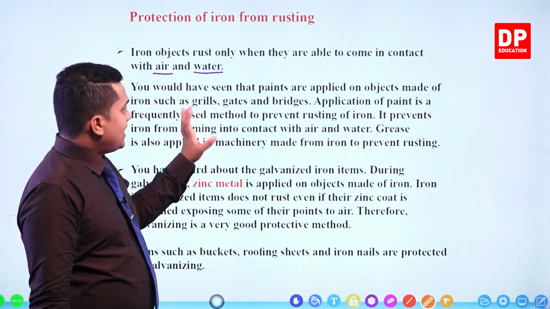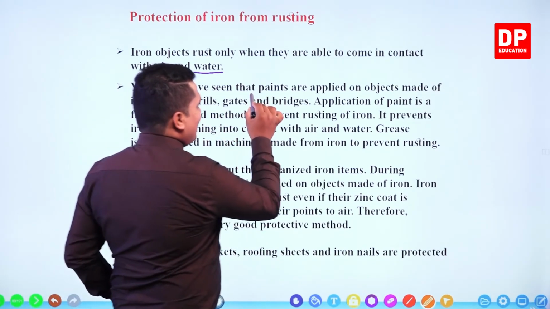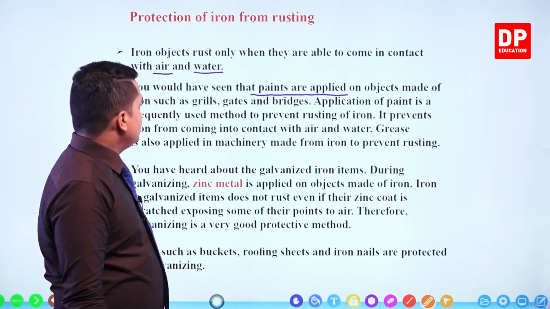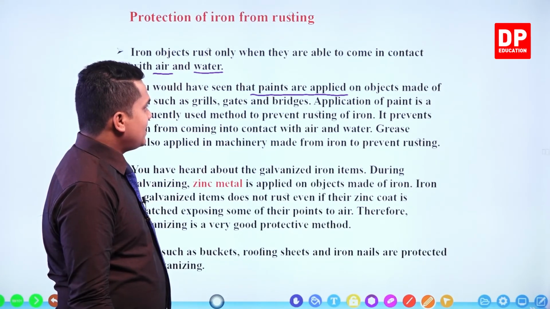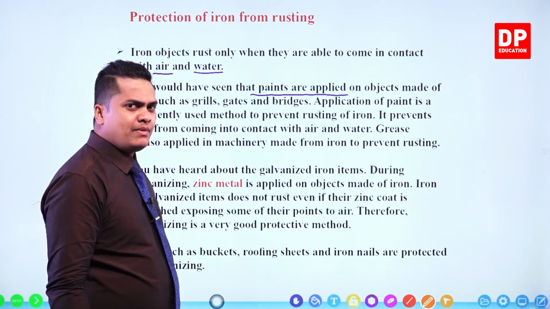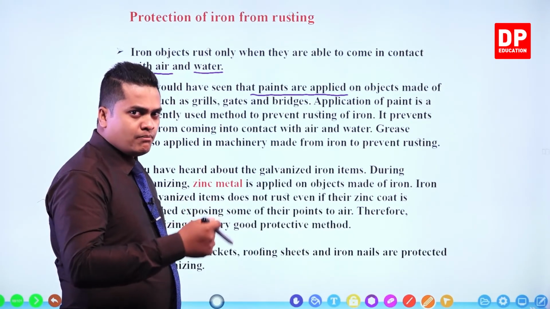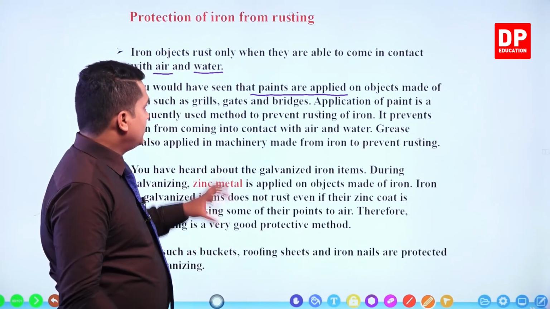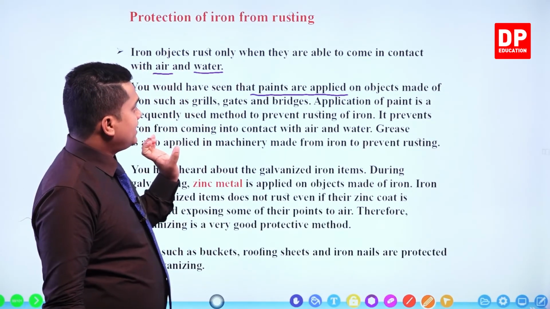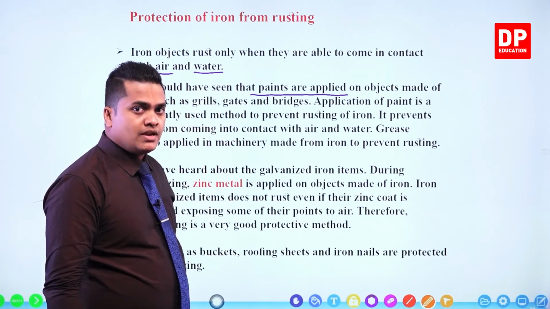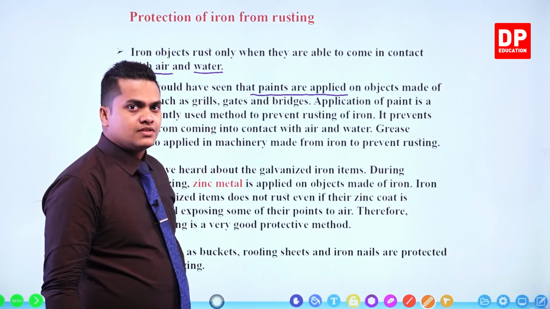You would have seen that paints are applied on objects made of iron such as grills, gates and bridges, right? We apply paint. Why do we apply paint? Because by the application of paint we avoid the contact of air and water with the relevant metal or iron surface.